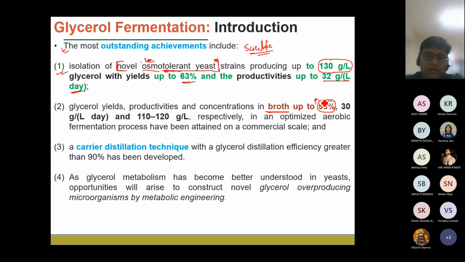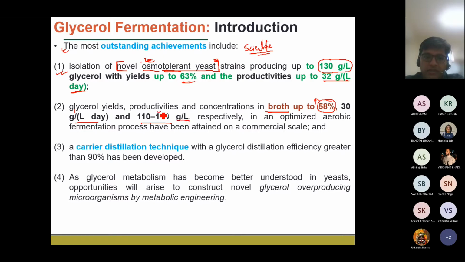That means almost 58% of the carbon source that is provided is converted to glycerol, and in the final product that you obtain after the fermentation, 58% of it will be your targeted glycerol, which comes to around 30 gram per liter per day to 110 to 120 gram per liter per day.